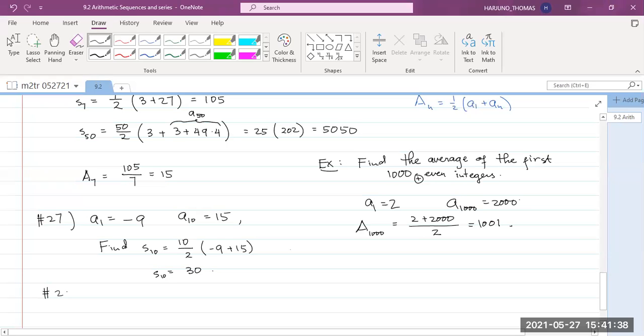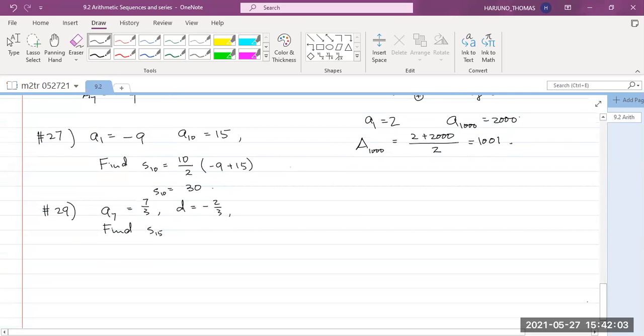And then number 29. The 7th term is 7/3. The common difference is -2/3, and we need to find the sum of the first 15 terms. Okay, let's do it. I need to find the first term first, right?